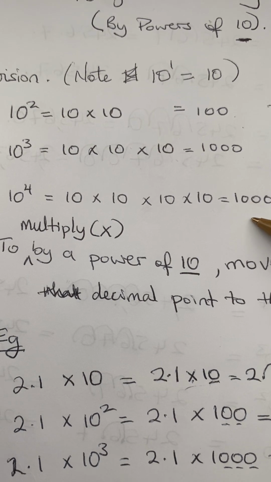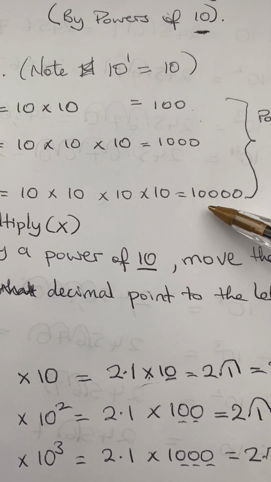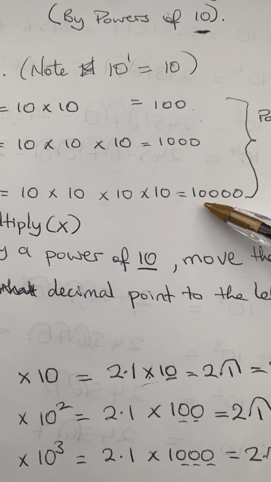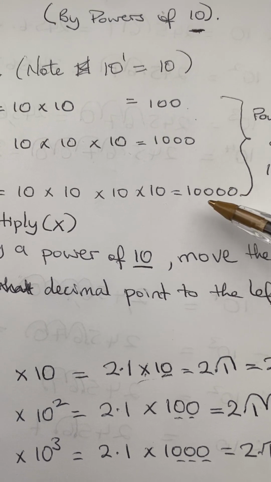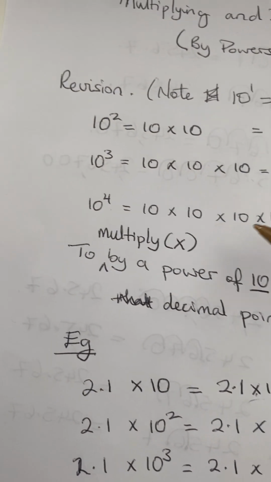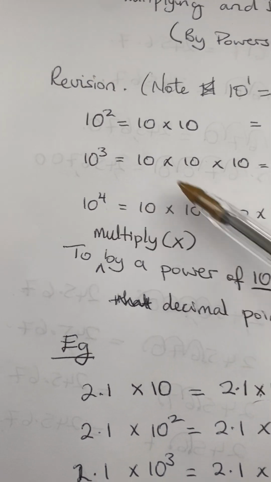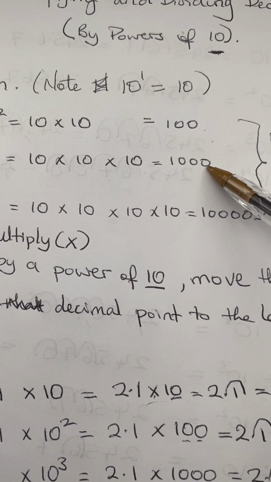In the other way, we can go the other way around and say this has 4 zeros, so 1, 2, 3, 4. So 10 to the power 4. This has 3 zeros, 1, 2, 3.